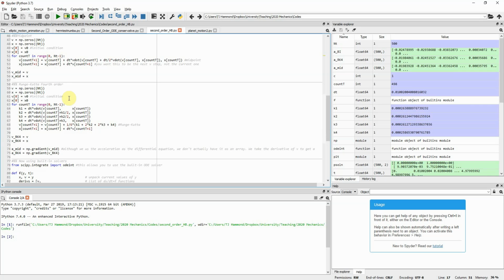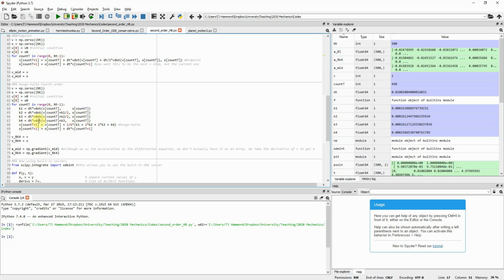We can also do this with Runge-Kutta. So again, we set up our Runge-Kutta fourth order solver where K1 depends on V dot, and V dot depends on the current velocity and the current position, and then we multiply that by dt. K2 is dt times V dot of the current velocity plus 1/2 of K1 and the current position, and K3 is dt times V dot of the current velocity plus 1/2 K2 and the current position.